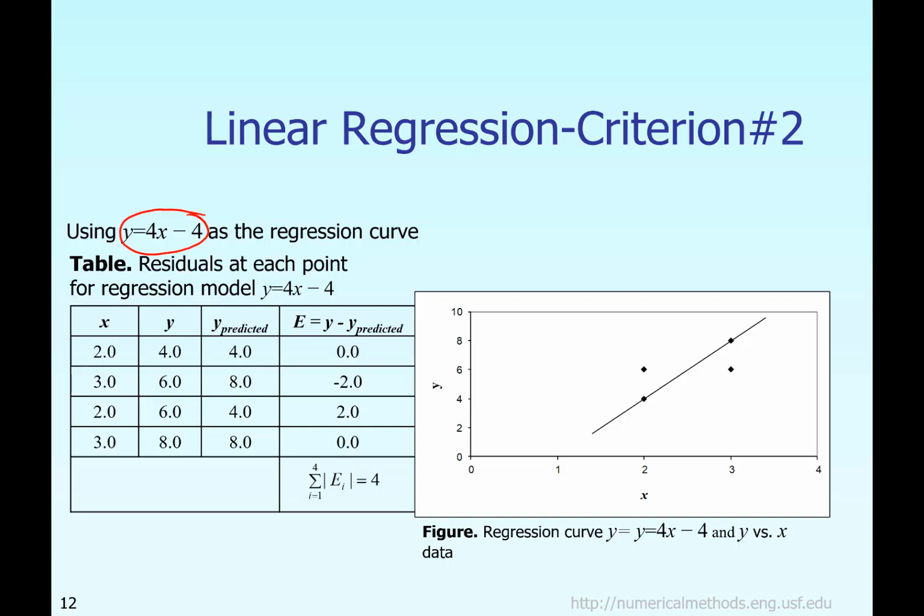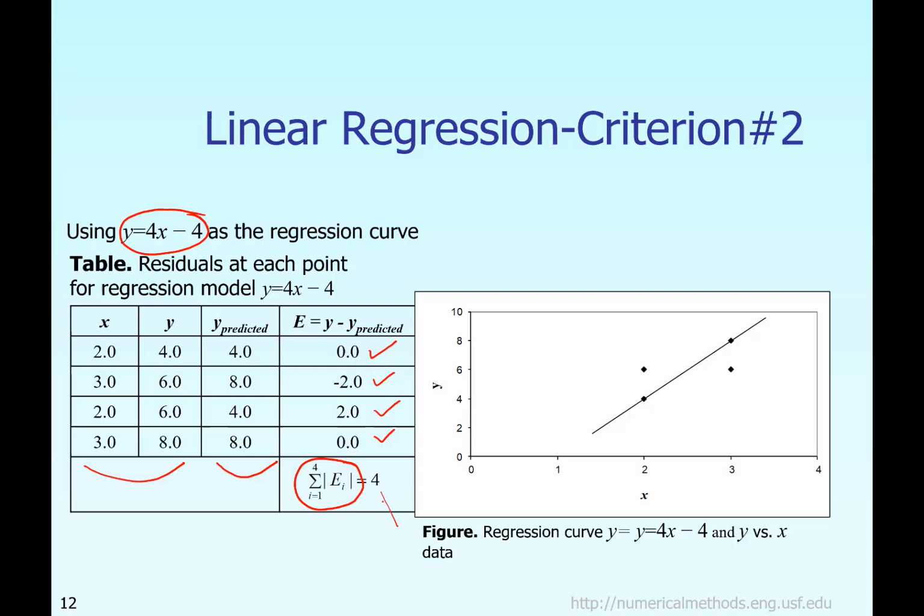This is the data which is given to us. This is the predicted values which were done in the previous example, and now we're again calculating the residuals. The residual for the first point is 0, then minus 2, then 2, and then 0. Now when we sum the absolute value of the residuals, I'm going to get a value of 4.